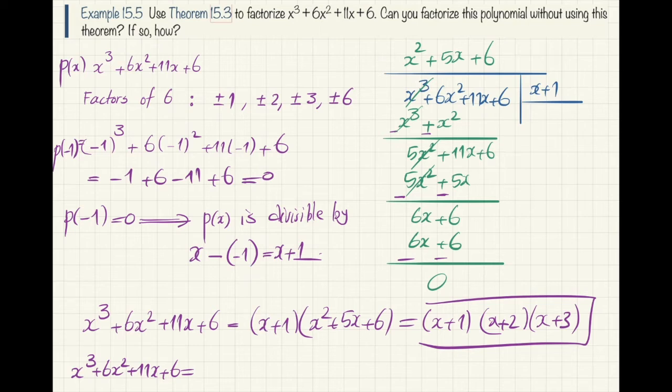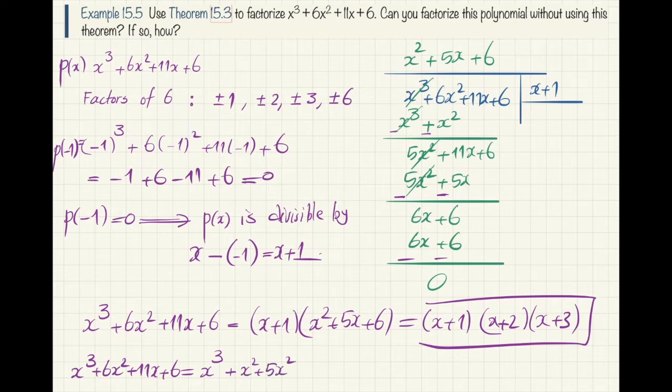So what I need you to do is to write x to the power of 3, and then instead of 6x squared, you would write 5x squared plus x squared.